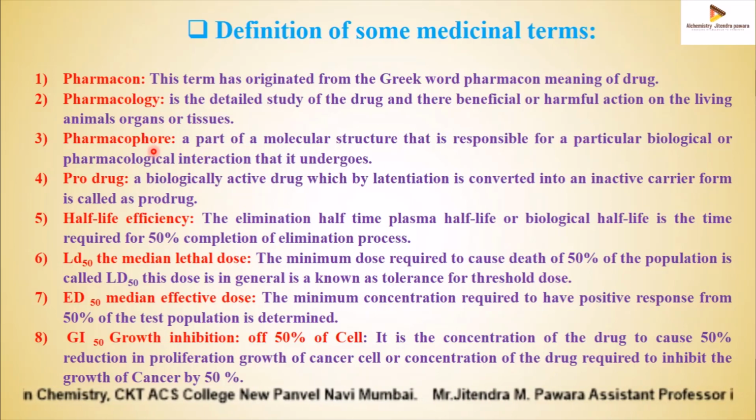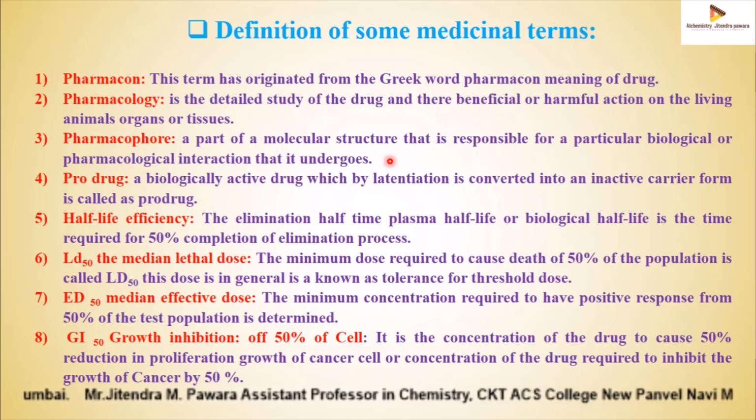The third term is pharmacophore. The physiological activity of a drug has been found to depend on the presence of some particular functional group or structural unit. Such a part of the drug which causes the physiological effect is known as pharmacophore. You can say it is a part of the molecular structure that is responsible for the particular biological or pharmacological interaction that it undergoes. When a pharmacophore is introduced into biologically inactive substances, it is possible to make the compound biologically active.